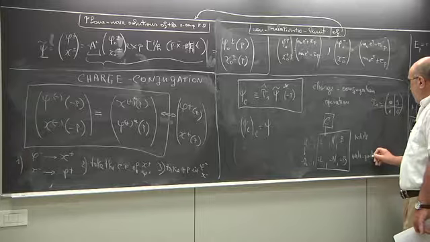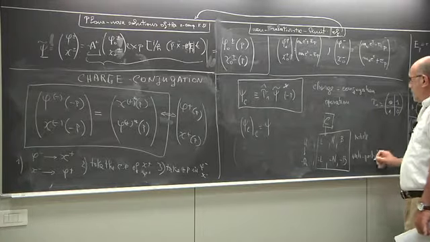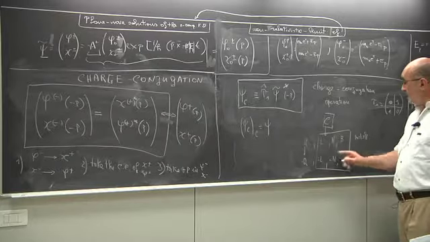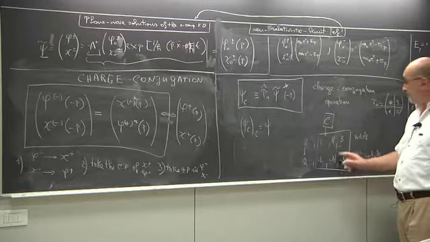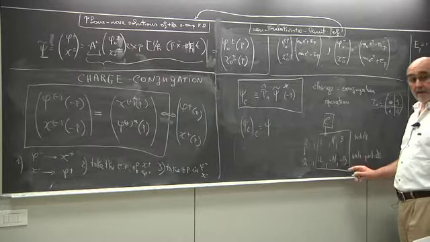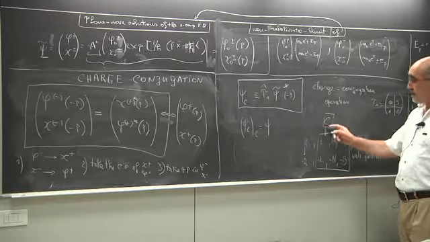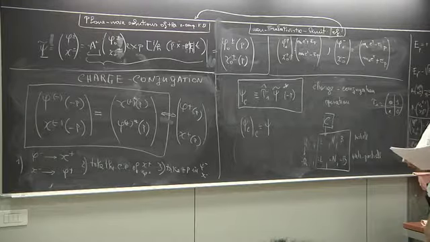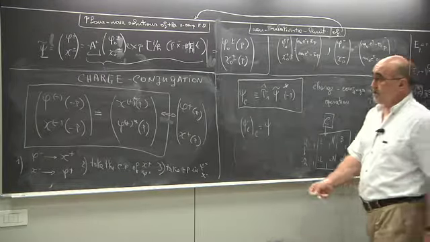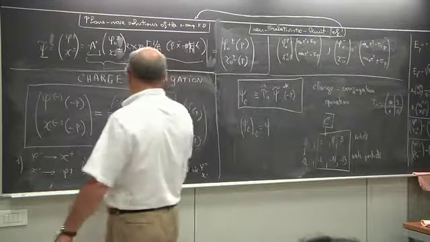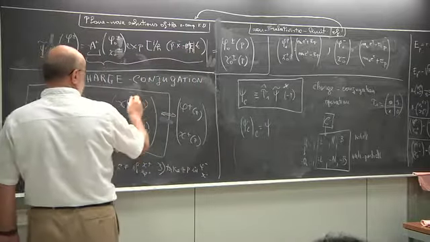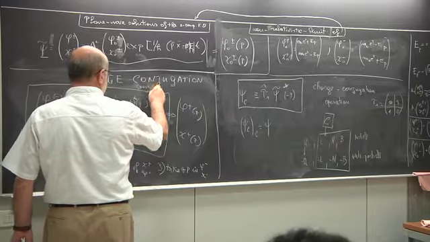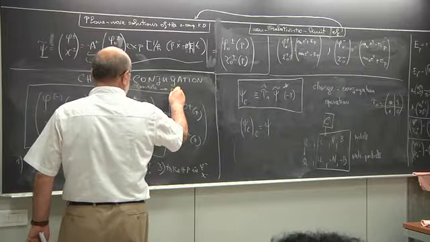An antiparticle is defined as a particle that has opposite charge, opposite lepton number, opposite muon number, and opposite baryon number, okay? This operation not only exchanges Q, but also these other numbers. So the charge conjugation operation, even if it is just called charge conjugation, actually sends particle into antiparticle.